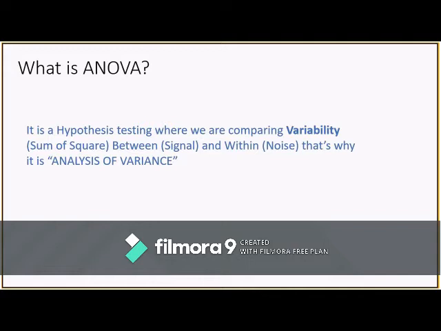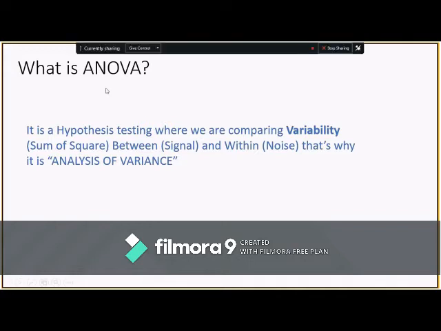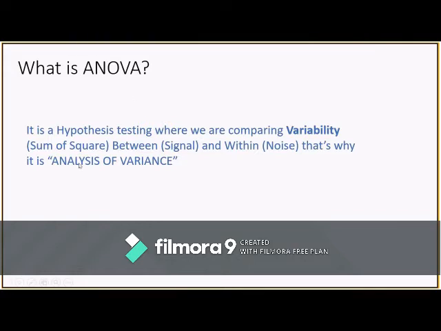If we are comparing variability, that's why it's called variance, or indirectly, analysis of variance. This is a common question people ask. In reality, we are checking the difference between, let's say, shift A, shift B, shift C, or vendor A, vendor B, vendor C, but the testing is done through these signals and noise. So that's why it's called analysis of variance.